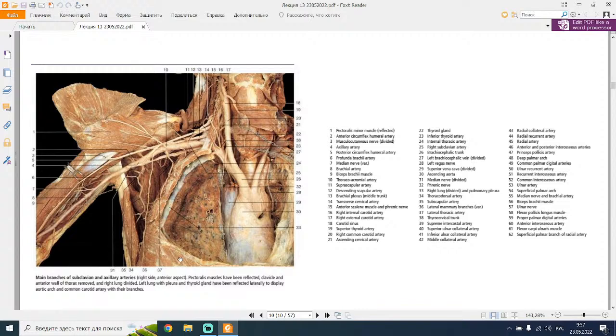What you see: arteria thoracica lateralis, arteria axillaris, arteria thoracica lateralis.